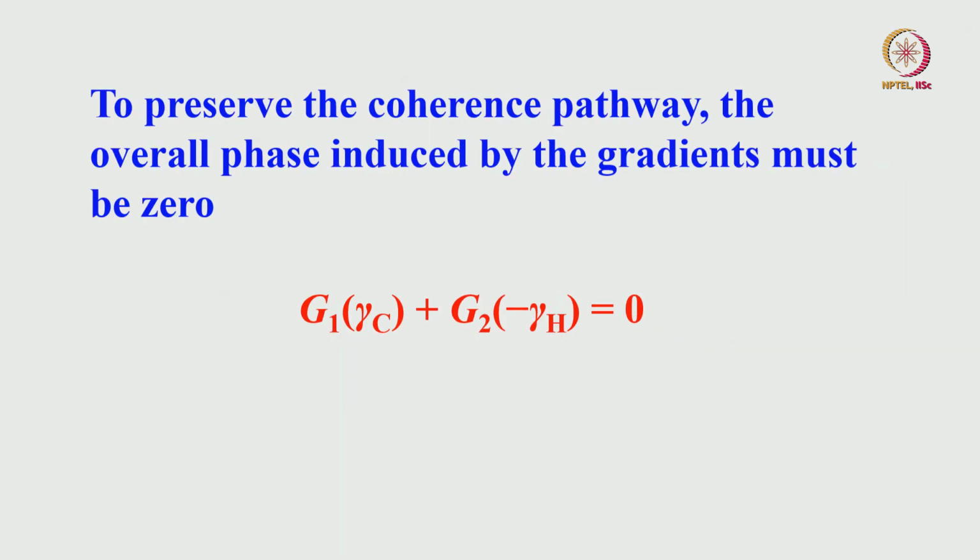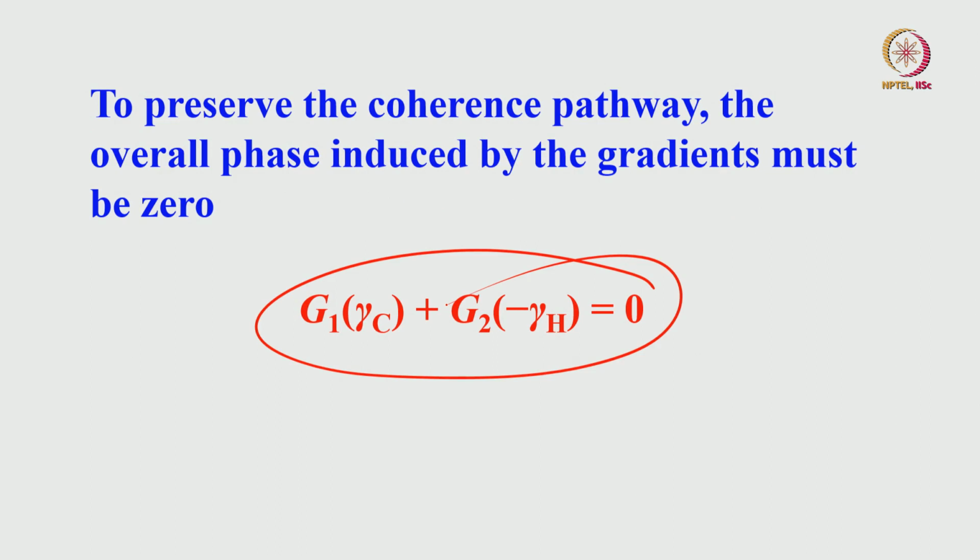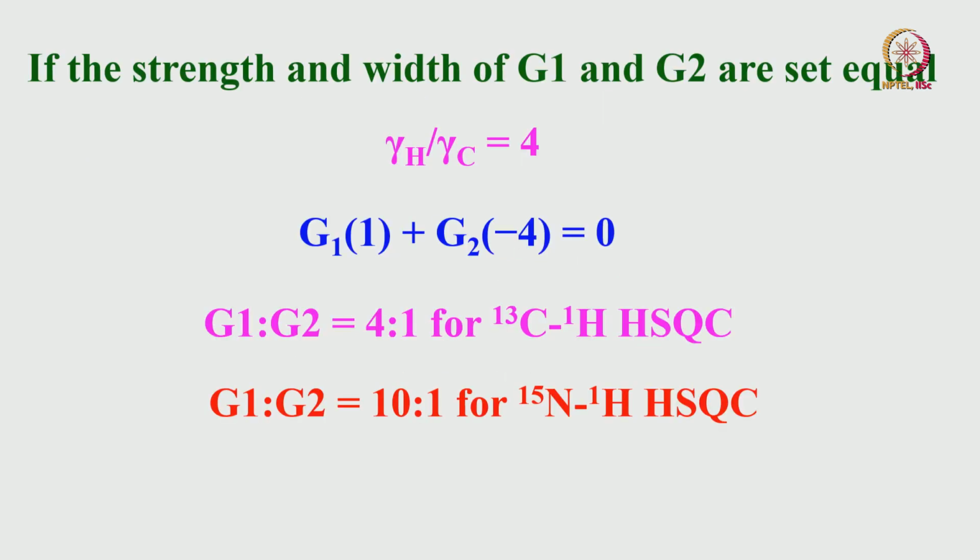And if I have to maintain a particular coherence pathway for HSQC, the sum of the phases induced by these gradients must become 0. That means G1 into gamma C minus G2 into gamma H should be equal to 0. If the gamma ratio between proton and carbon is 4, I put this value for gamma.